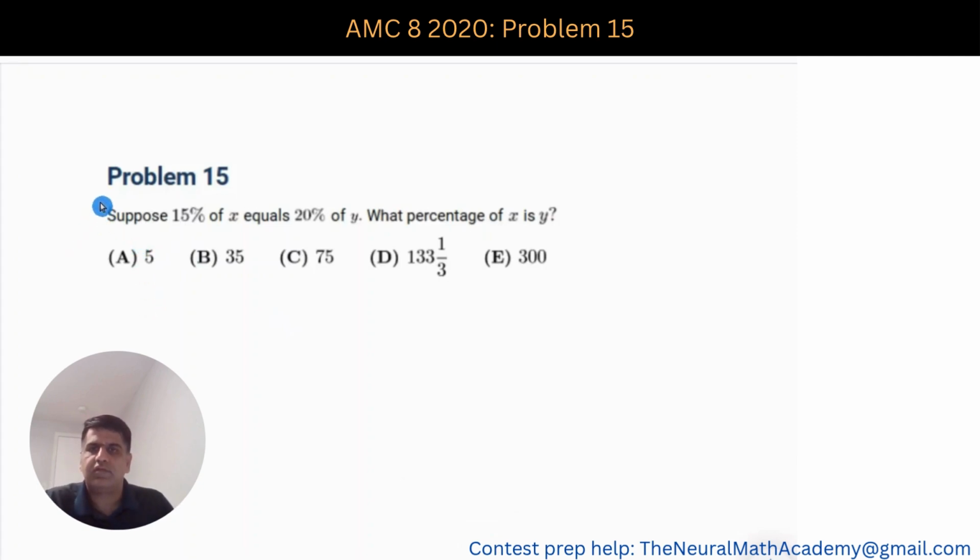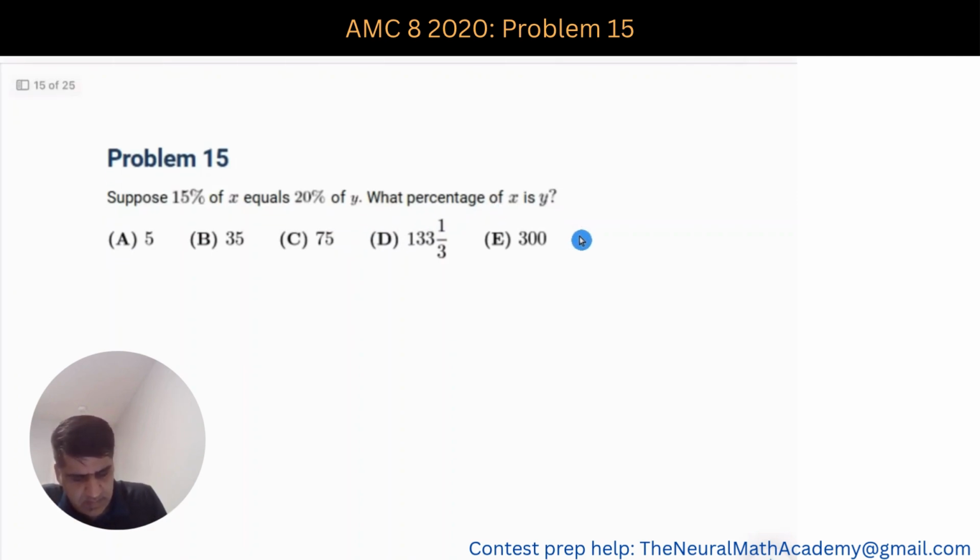So let's solve problem 15, where it says suppose 15% of x equals 20% of y, what percentage of x is y.